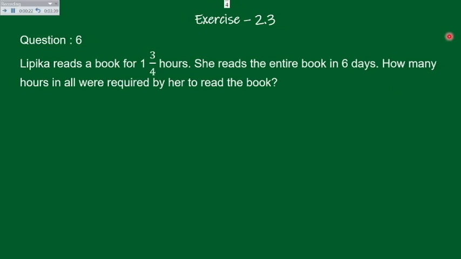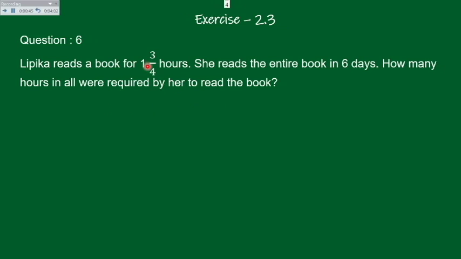See here beta, she reads the book for 1 whole 3/4 hours. Okay, in one day she reads this many hours, 1 whole 3/4 hours, and she completed the book in 6 days. So how will you calculate the total time she has taken to read the book?